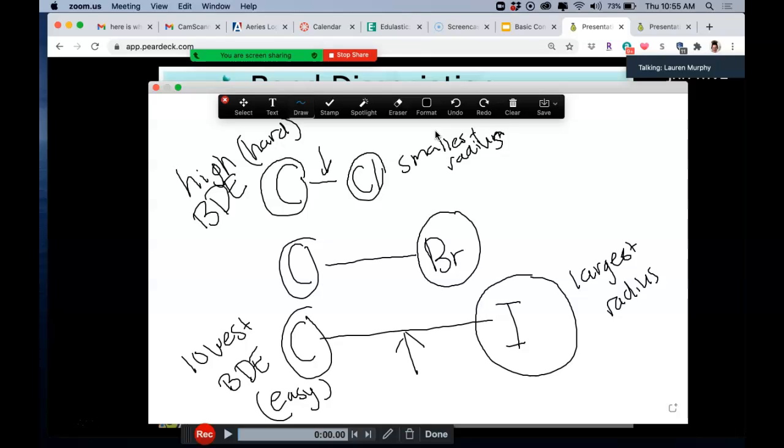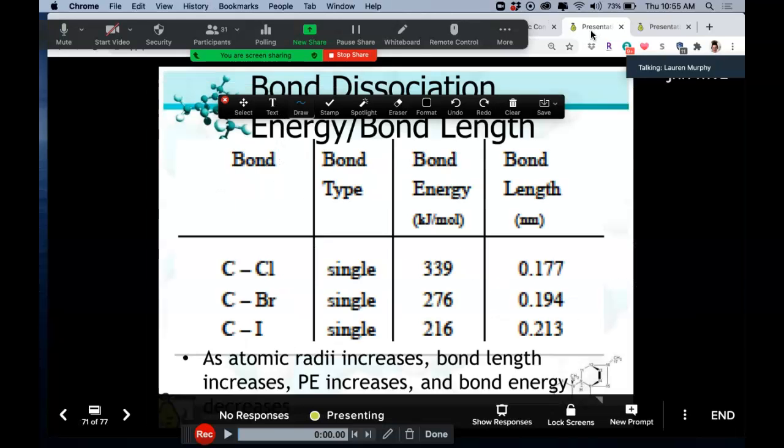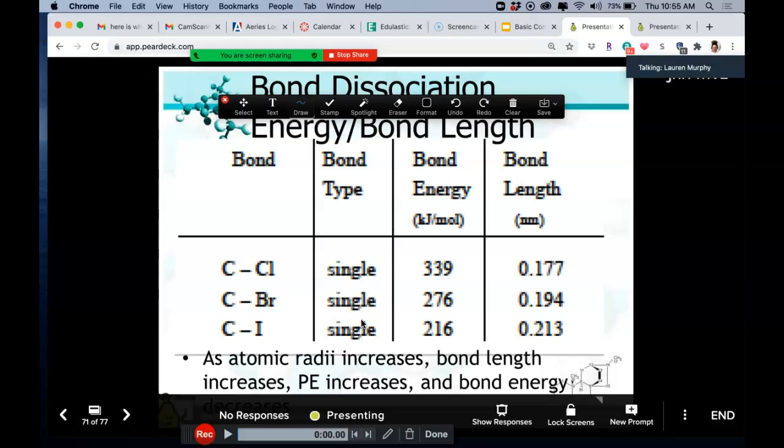Because they're so far apart, it's easier to chop through. Same concept. So while they are all single bonds, the bond dissociation energy for carbon-chlorine is much higher, because the two atoms can get closer together, since chlorine is a smaller atom than, let's say, bromine or iodine.